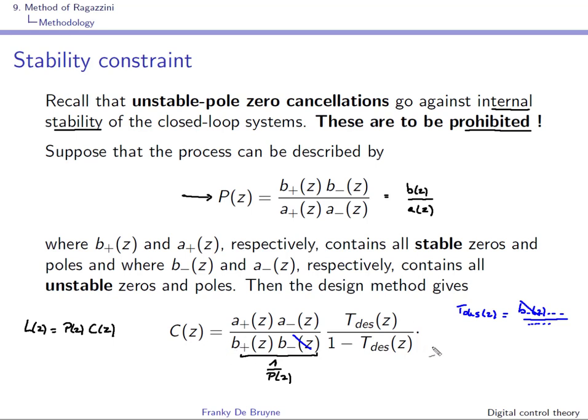Of course, you can do something similar to prevent that these zeros over here in the controller will cancel the unstable poles of the process. We have to make sure that this a minus z is a factor of the numerator of 1 minus t desired z.